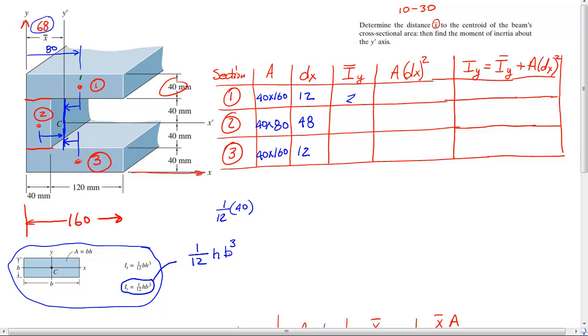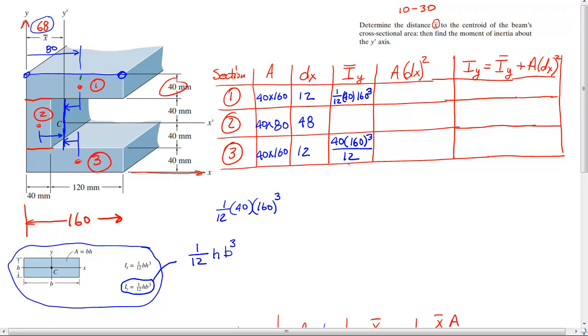Base is the distance from here all the way to there, 160 to the third. Okay, so I'm going to put that right up here. Not a lot of room. Now, as it turns out, section 3 and section 1 are the same, so I can do the same thing. I think I'm going to write it like this.